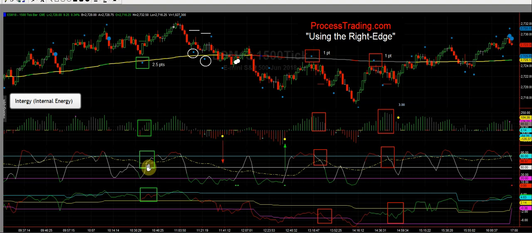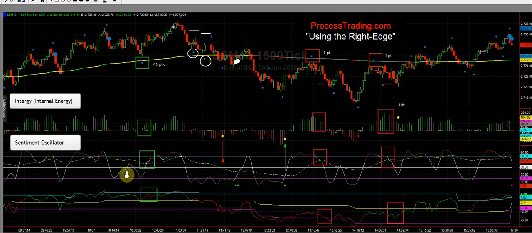If we look below the Intergy indicator, we see the sentiment oscillator. Now this is a unique oscillator in that it has a tricolored momentum bar. Traditionally you would look at the red as being oversold and the green as being overbought, and the white is in between.